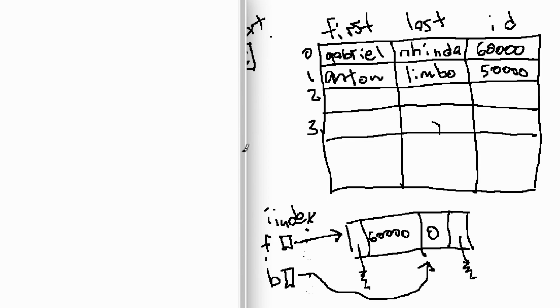And then the last thing I need to do is update the I index. So the I index, I'm going to have a front. And I have to insert a 50,000. So I'm going to have a 50,000. I keep missing a zero there. And that's going to be at record number, oh, I'm sorry, that is a mistake. That should be at 1.